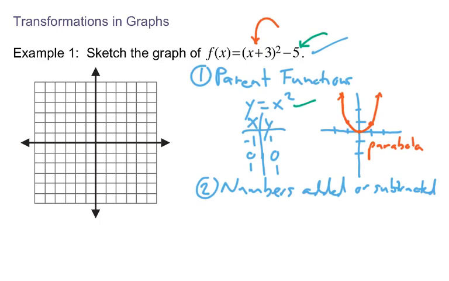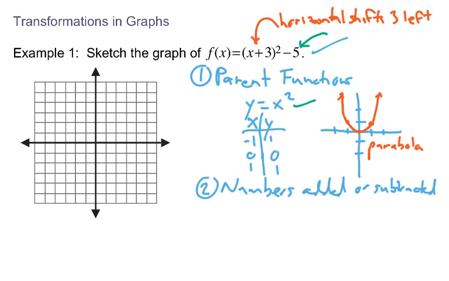Numbers added or subtracted inside the function result in horizontal shifts. And you might remember that they sort of go backwards from what you expect. An x plus 3 results in a horizontal shift of 3, not to the right, but to the left.